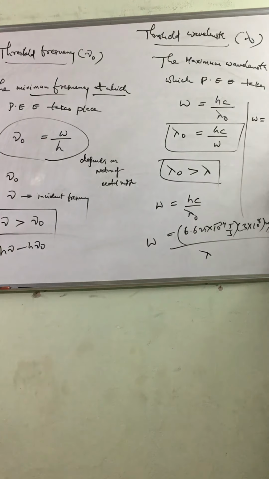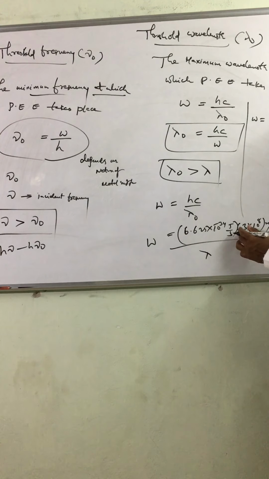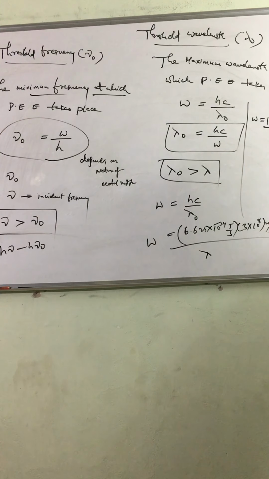Then here 6.6 into 3, 6 threes are 18, and 3 sixes are 18 plus 1, 19.8 into 10 to the power of minus 26 by lambda. Here the unit is joule meter.